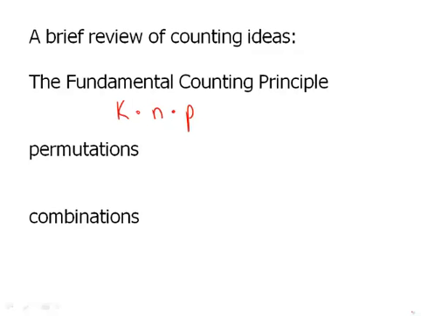Then there are permutations. So for example, if I'm putting n things in order and I want to know how many different orders can I put those n things in, well, that would be n factorial. Combinations is when we don't care about orders. So this is everything about choosing.